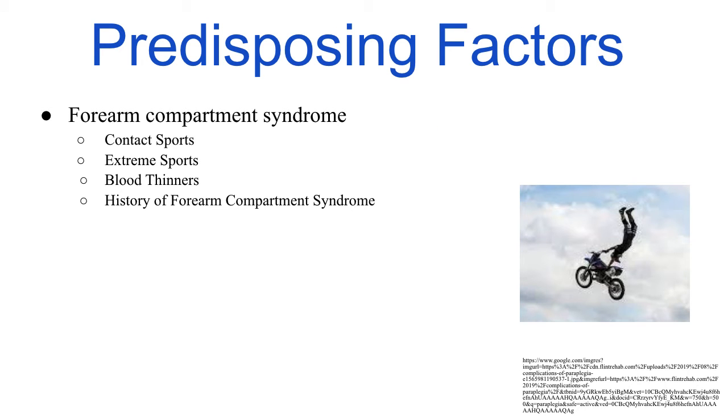Predisposing factors: contact sports, extreme sports, blood thinners, and a history of compartment syndrome in that forearm. Like I said, there's not really anything that really predisposes you to it. It can happen in a car accident.